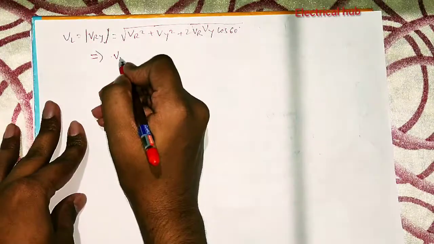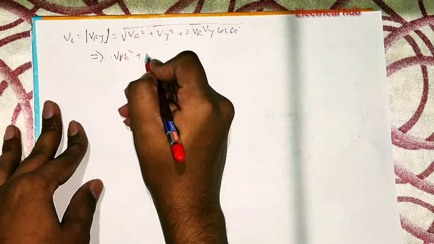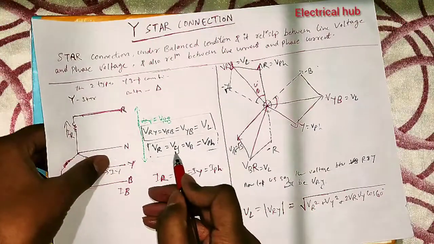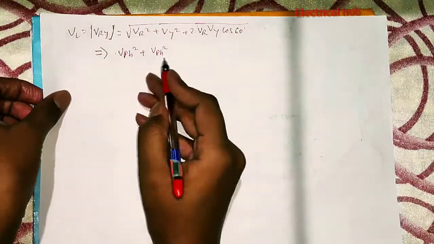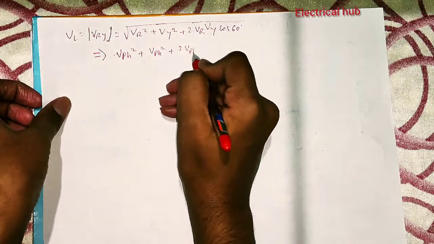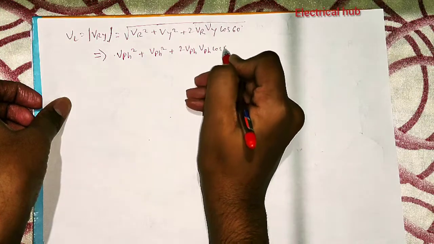I have written here. So VR square will become VPH square, plus VY square will become again VPH square. Here I have told you that VR, VY, VB equal to VPH. So it will also become VPH, and then plus 2, this VR will become VPH, and this VY will become VPH, and cos 60.